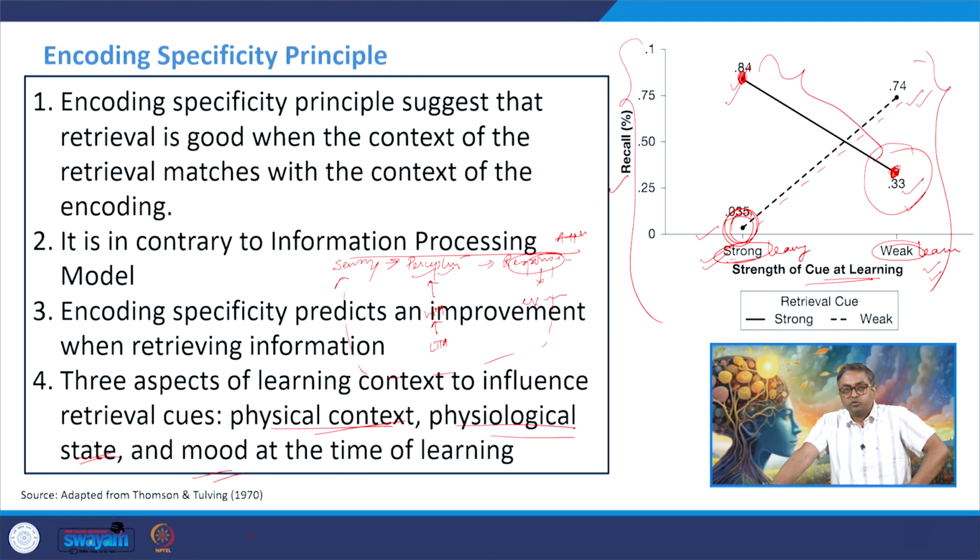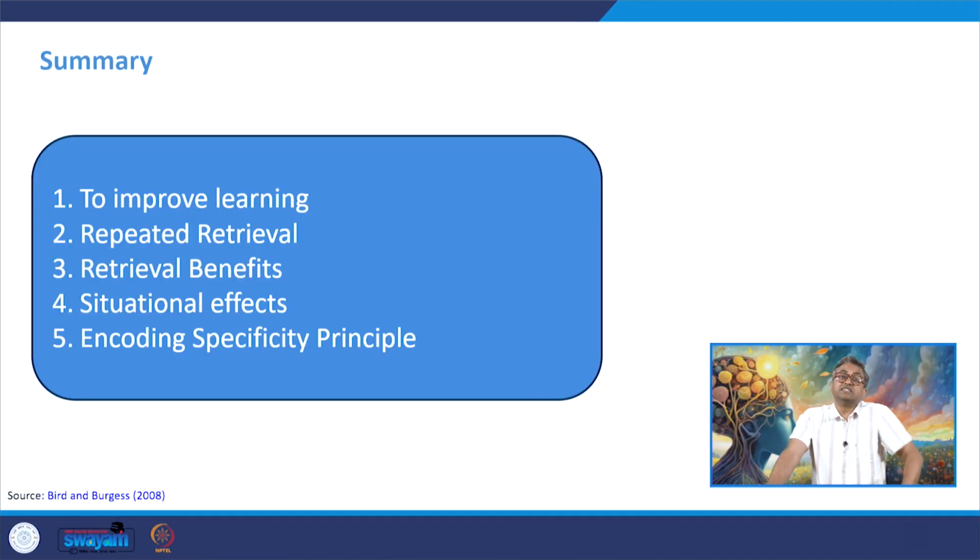If you are in a happy, pleasant mood, it seems that you learn better for a long period of time. But when your mood is bad, when you are feeling sad, learning doesn't happen, and even if it does, it is not long lasting and sustainable.